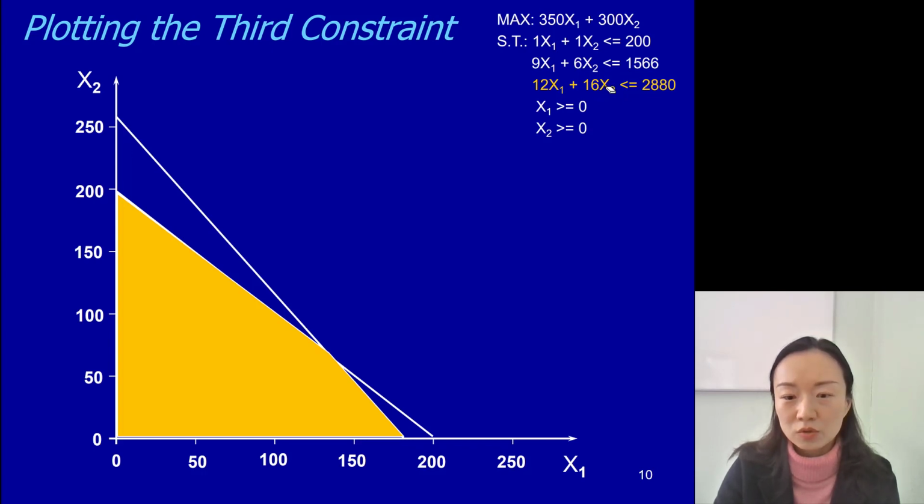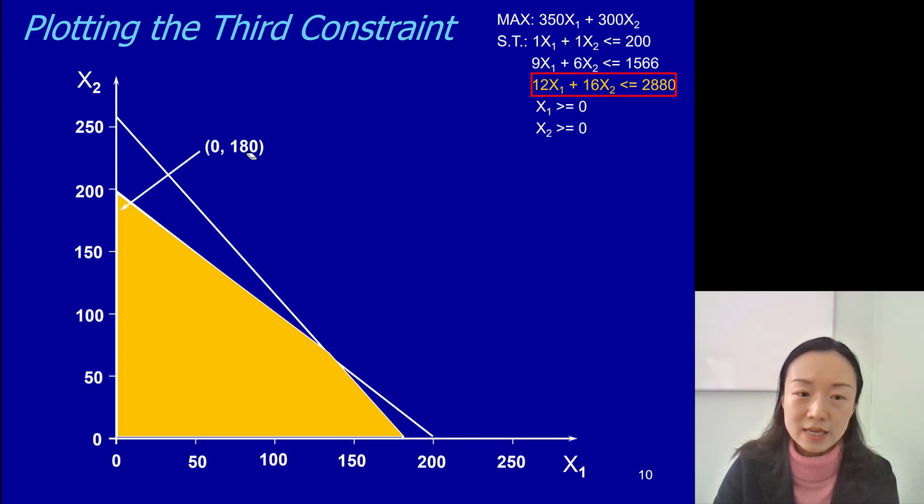So when x1 is 0, x2 equals 2880 divided by 16, which is 180. So that's the first point we get: (0, 180).